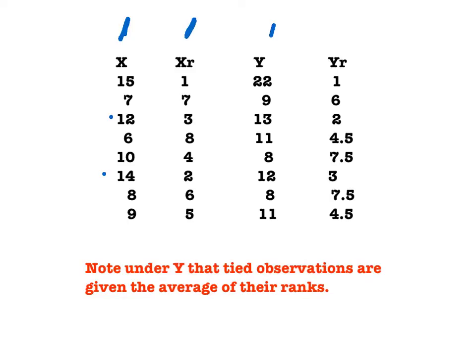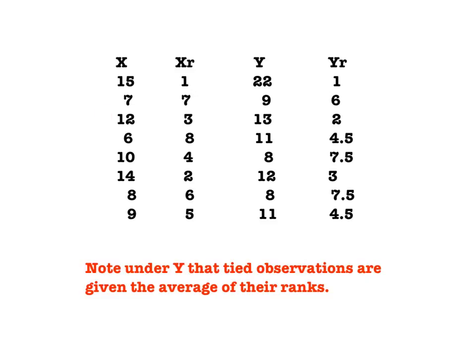Okay, now continuing with our example, remember that the first thing we have to do for a Spearman coefficient is convert our observations to ranks. Over here on the x values, I'm going to do that. I start with the highest observation, which is 15. That gets a ranking of 1. The next highest observation is 14, gets a ranking of 2.